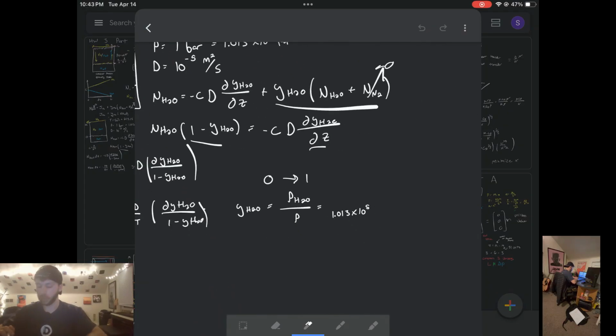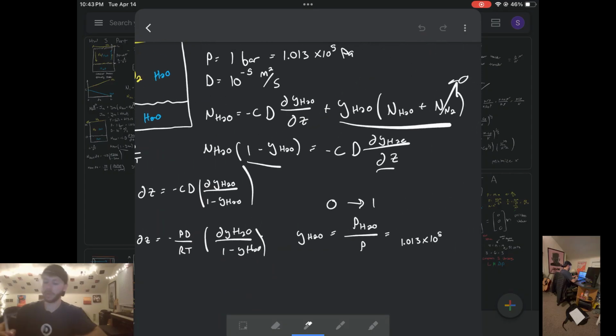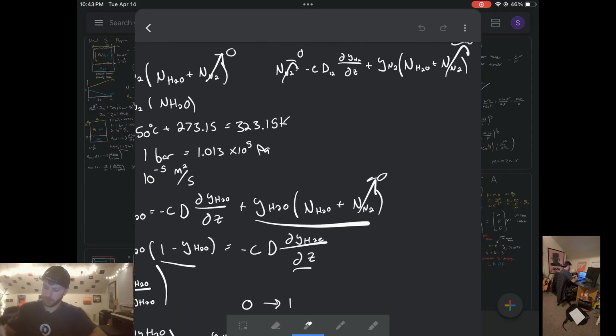Okay, so Googling the partial pressure of water vapor at 323.15 Kelvin, it is equal to 1.2 times 10 to the 4th pascals.